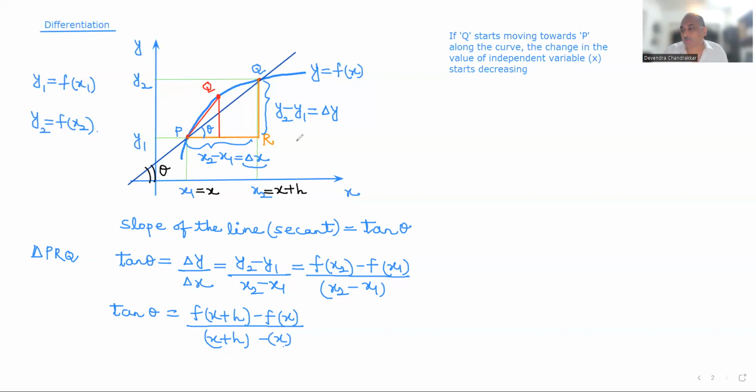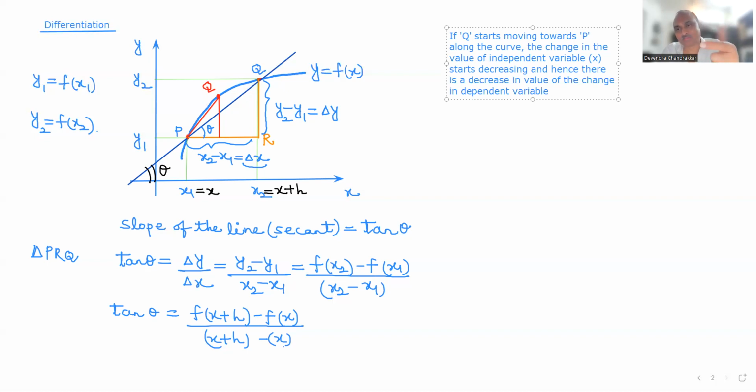So now the change in the value of the independent variable starts decreasing, and hence there is a decrease in the change in the dependent variable also, because obviously the value of y depends on the value of x, right?